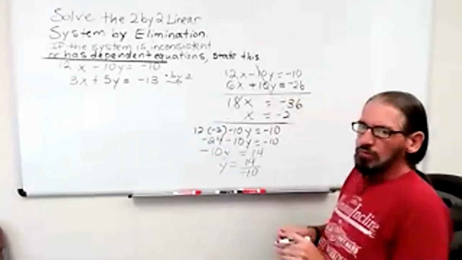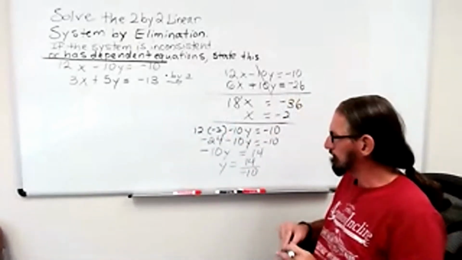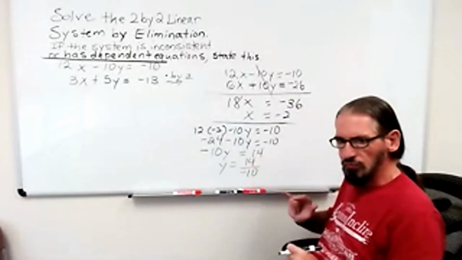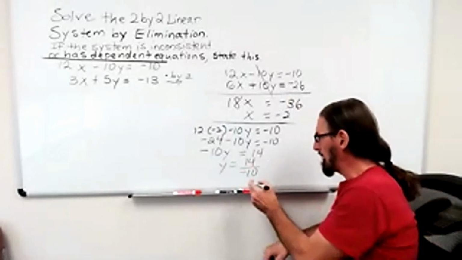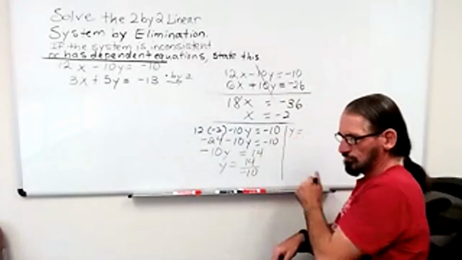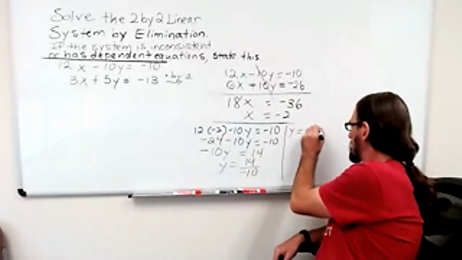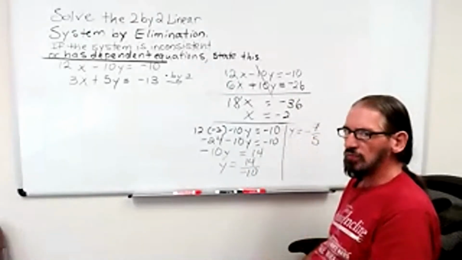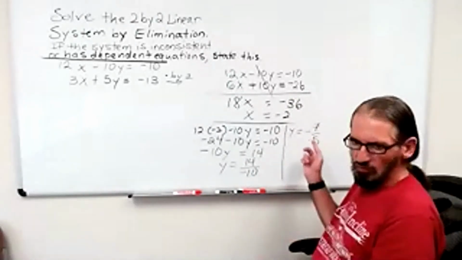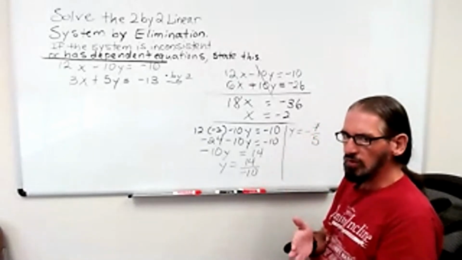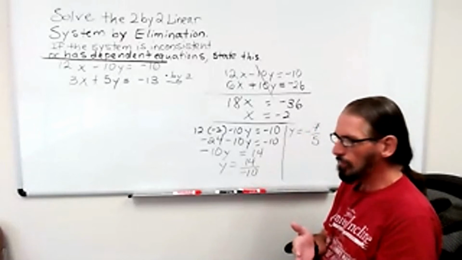Now, even if you are not using an online homework system, you should reduce that. Divide top and bottom by 2. Whenever you're dividing by 5, if it doesn't go into the numerator without remainder, you're at least going to get a terminating decimal.